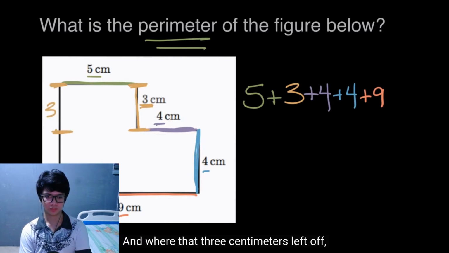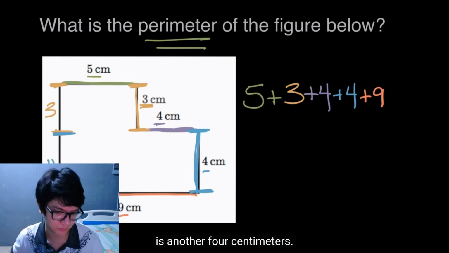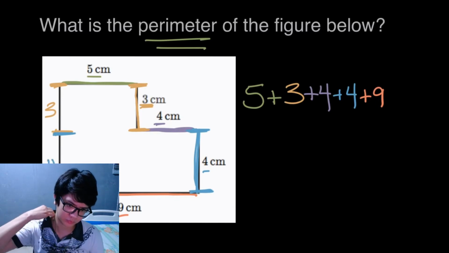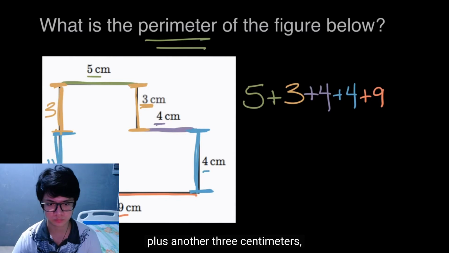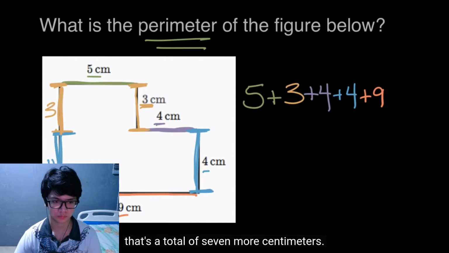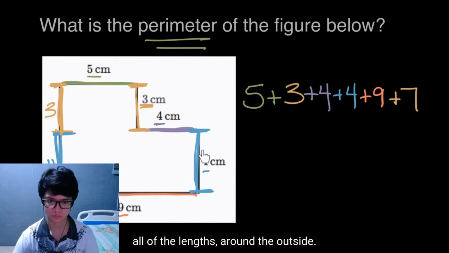And where that 3 centimeters left off, this 4 centimeters length picked up. So from here to here is another 4 centimeters. So if we have 4 centimeters plus another 3 centimeters, that's a total of 7 more centimeters. So now we know all of the lengths around the outside.